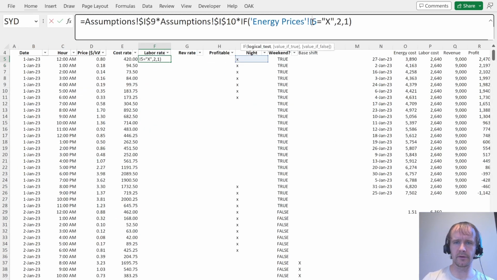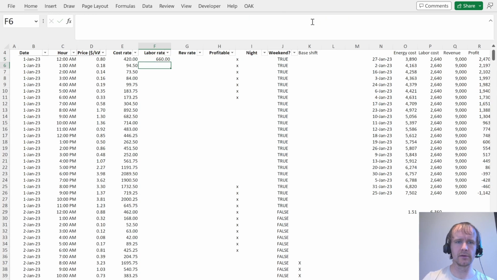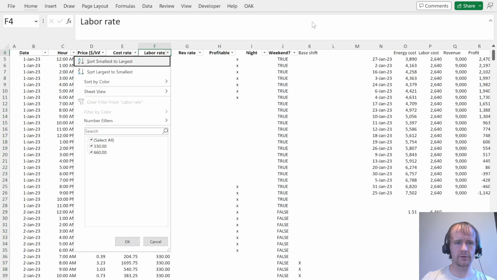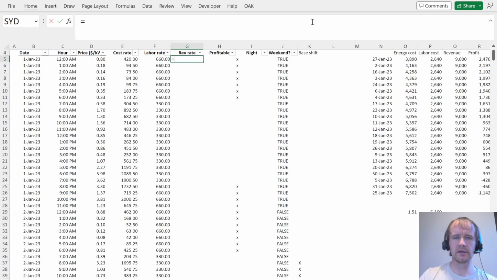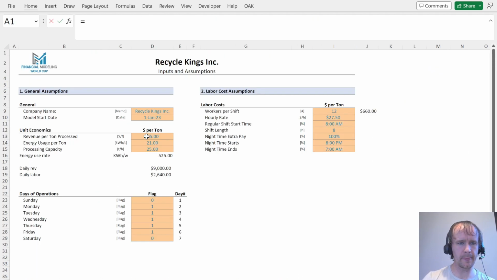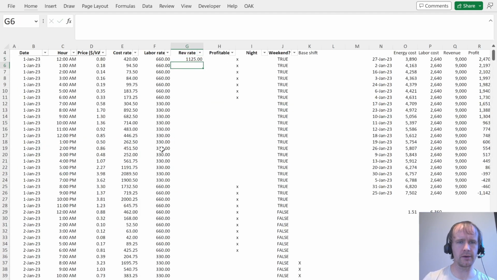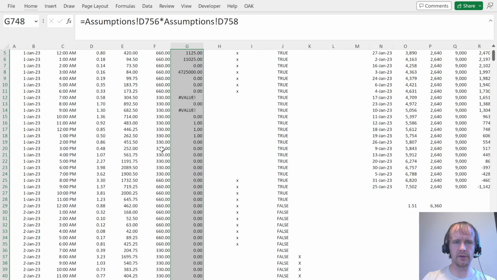Then I'd like to get rid of that. So it's either 660 when it's night or 330 when it's day. That makes sense. The revenue rate stays the same all the time, and that is $45 per ton times 25 tons per hour. Yeah, and that times 8 would be my 9,000 for the day. So yes.